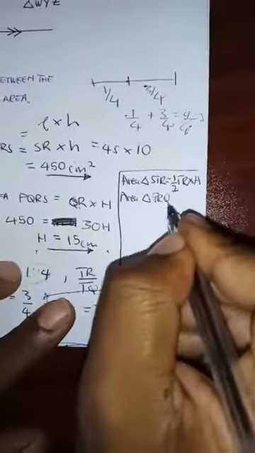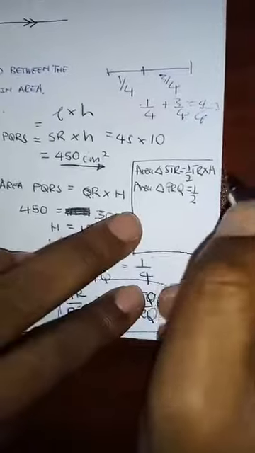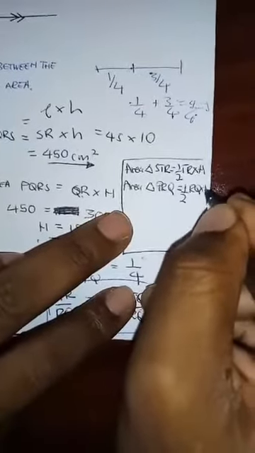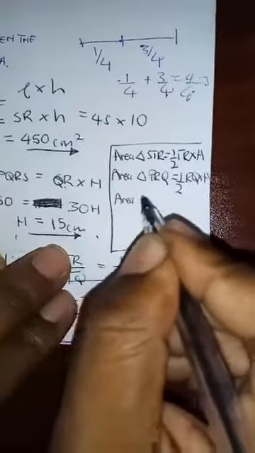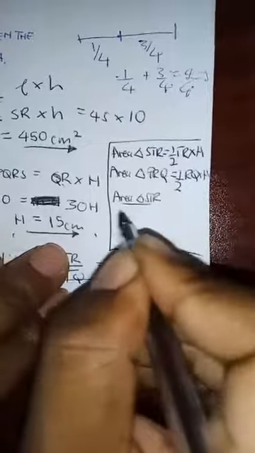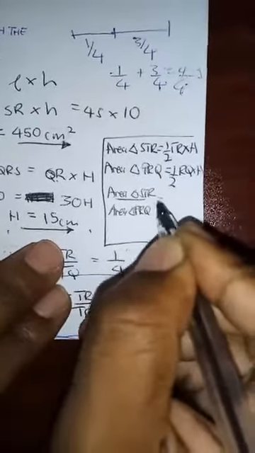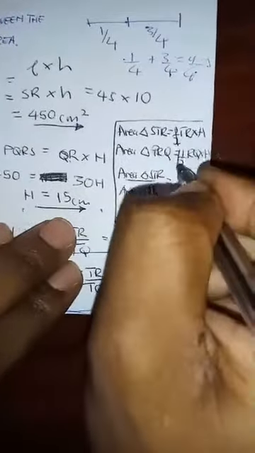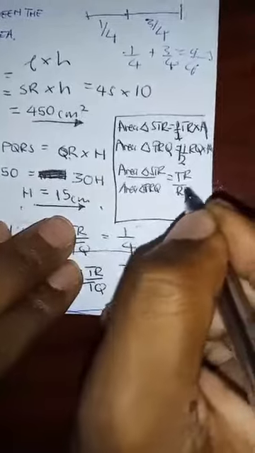The area of triangle PRQ is half RQ multiplied by H. So if you divide those two, area of triangle STR over area of triangle PRQ, half and half will cancel, H and H will cancel, and you'll have TR over RQ.